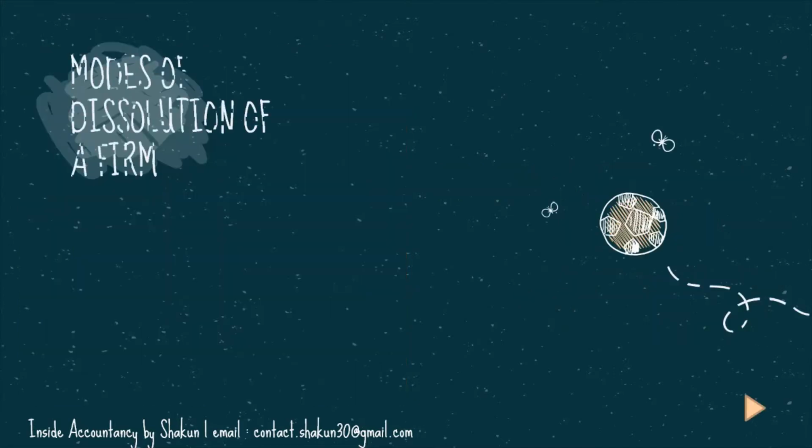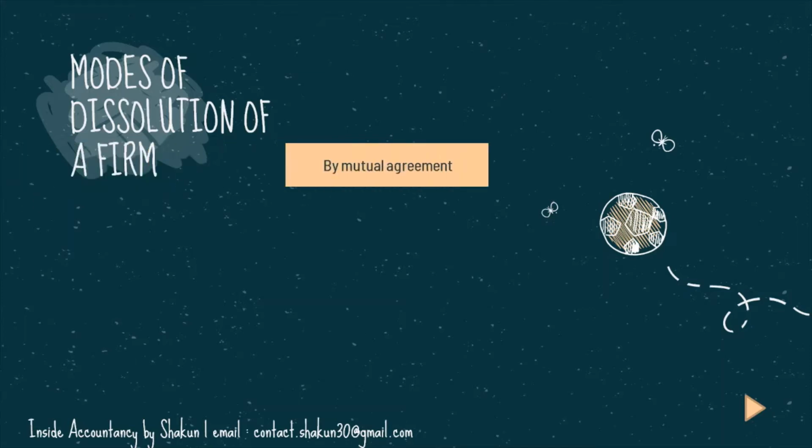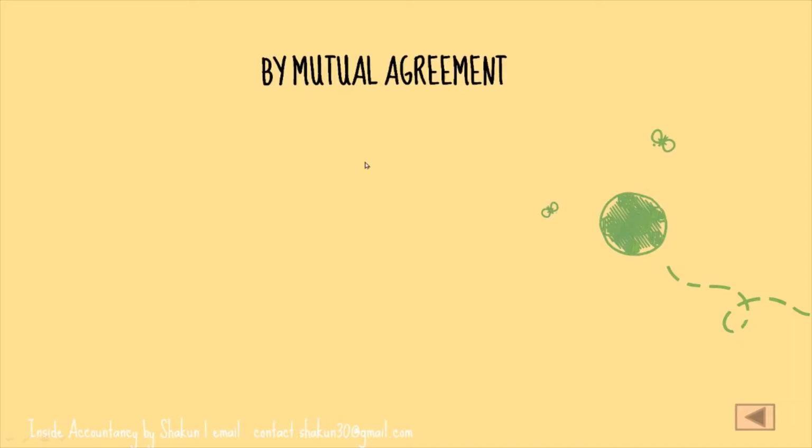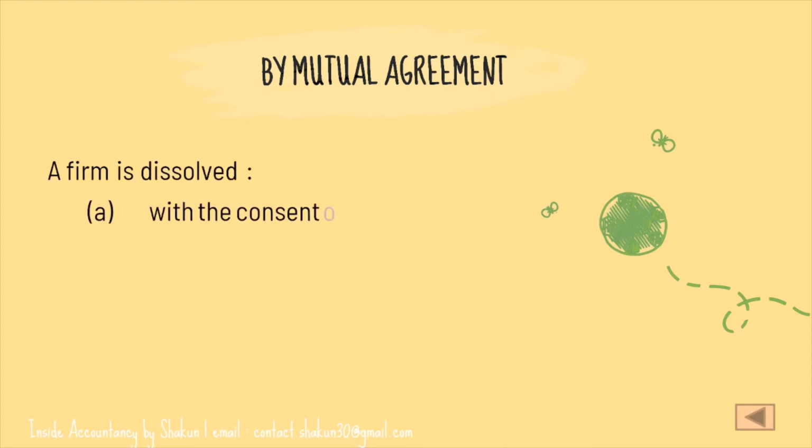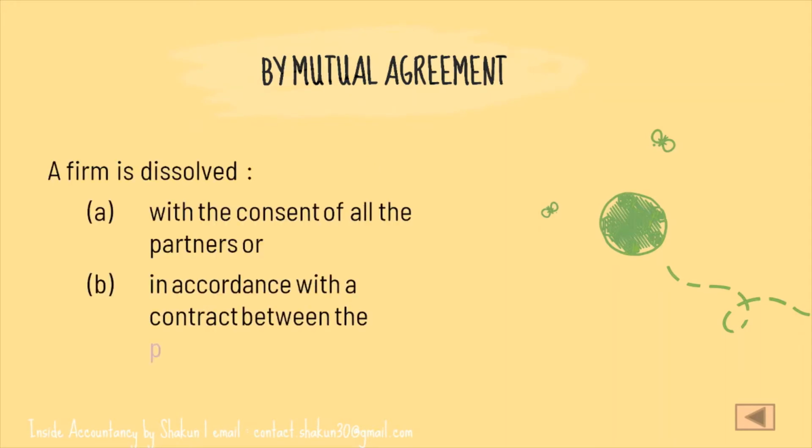Now let's talk about the modes of dissolution of the firm. There are various modes by which a firm may be dissolved. Let's talk about each one by one. The first one is by mutual agreement. Dissolution by mutual agreement means that a firm may be dissolved when all the partners agree for its dissolution.